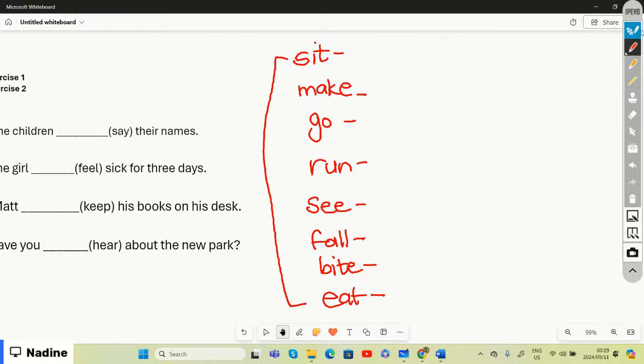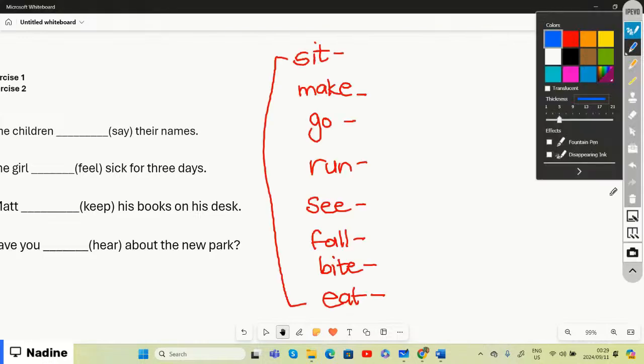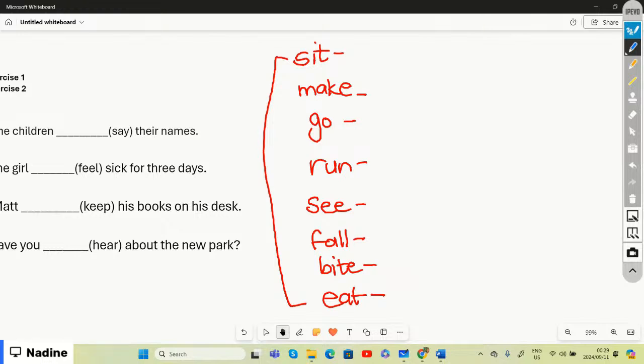Yes, lovely. So the irregular past tense of the word sit, beautiful, would be sat. The irregular past tense of make is made, that is correct. Bite is bit, that is correct.